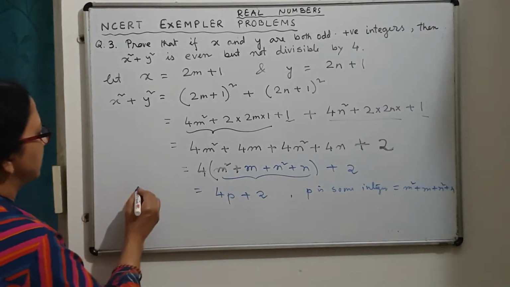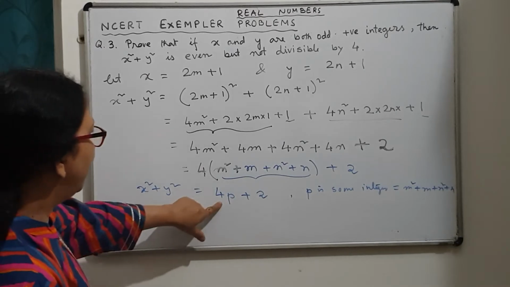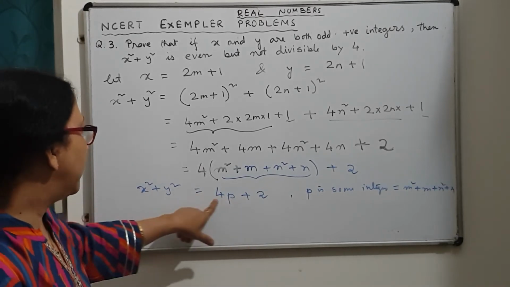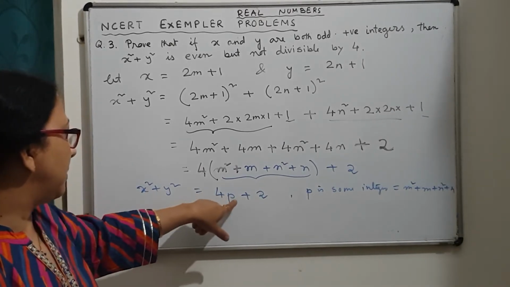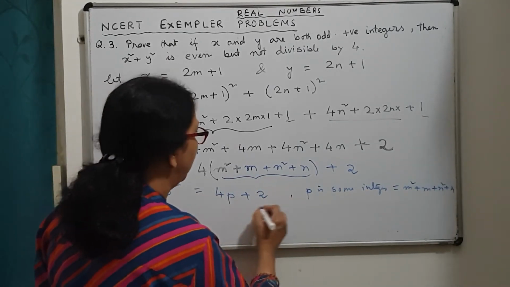So x square plus y square is of the form 4p plus 2. Obviously this number is not divisible by 4, because 2 is the remainder.